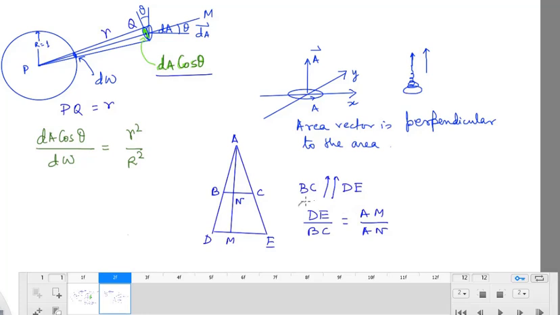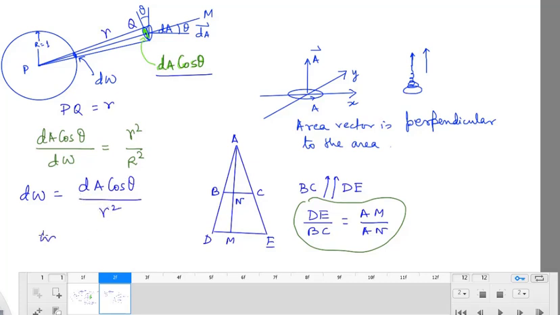This was DE by BC is AM by AN, but here dA cos theta by d omega, where d omega is the solid angle, is R square by R square. Now capital R square is 1. So what is d omega? d omega is dA cos theta by R square, as R is equal to 1.